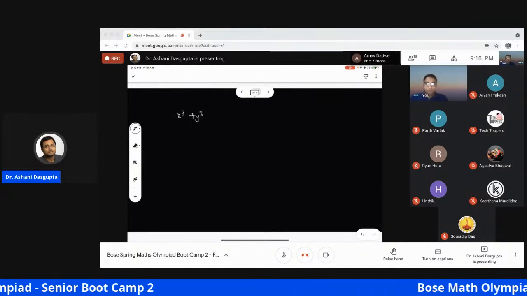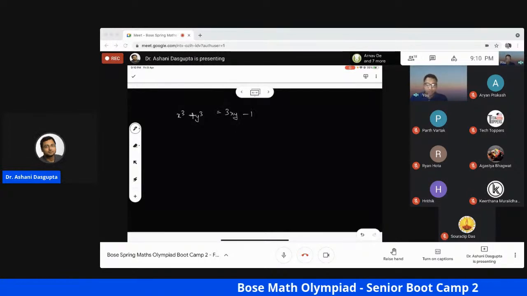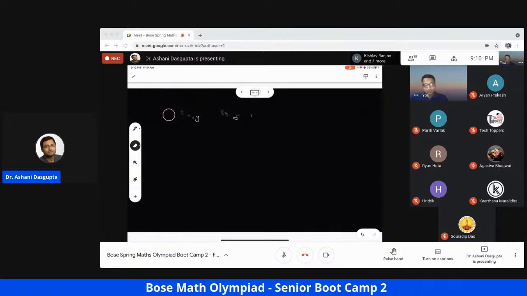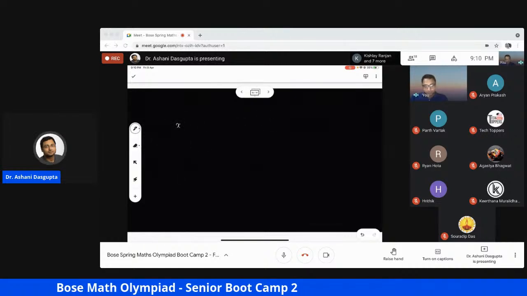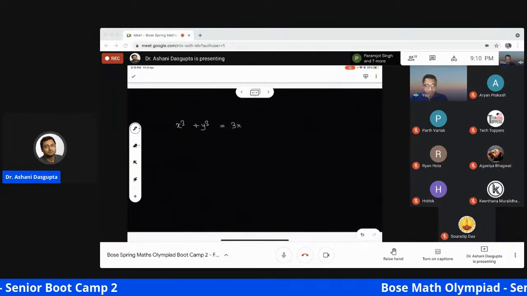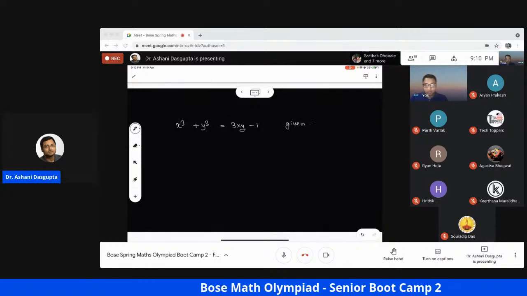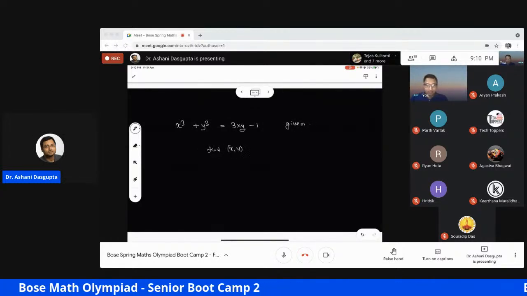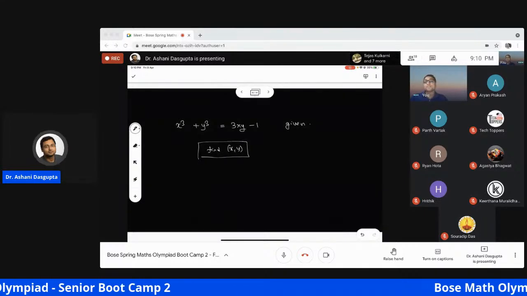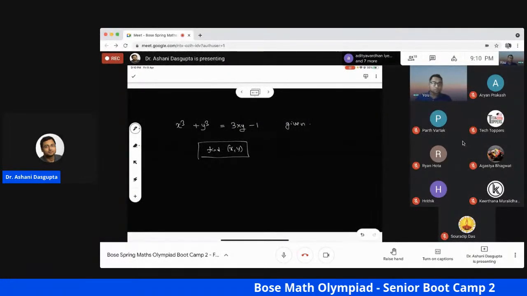Suppose x cube plus y cube is given to be equal to 3xy minus 1. This is given. Find the number of pairs x comma y which satisfy this equation.